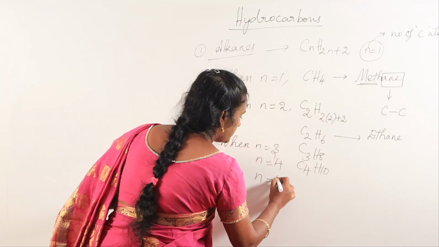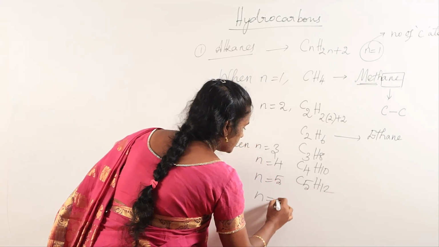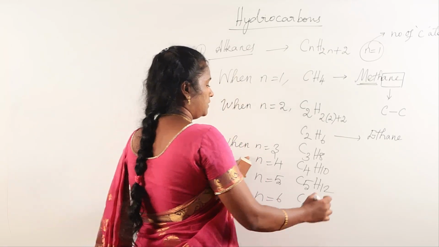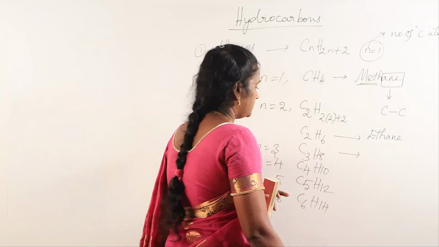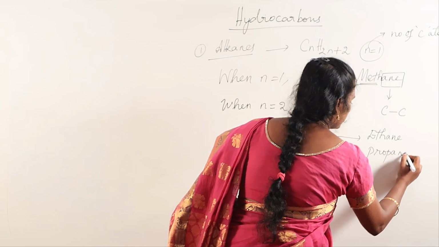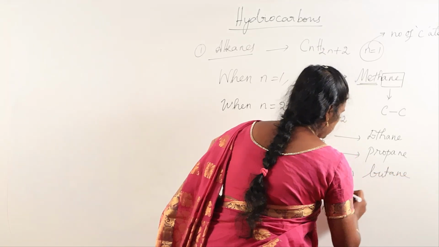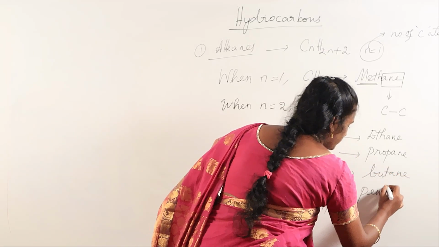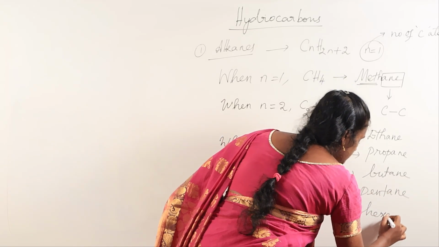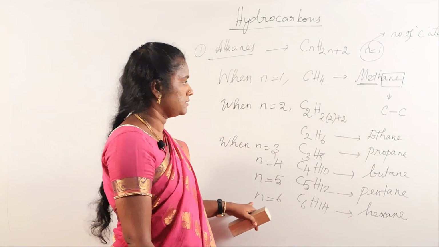When n is equal to 5, C5H12. n equal to 6, C6H14. So this is how the names are: propane, butane, pentane, hexane. Likewise, we will give the names for alkanes.